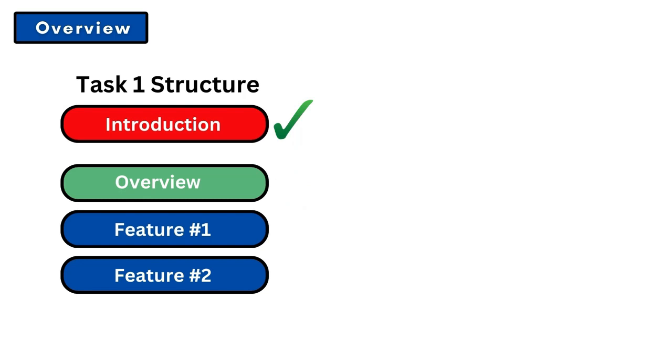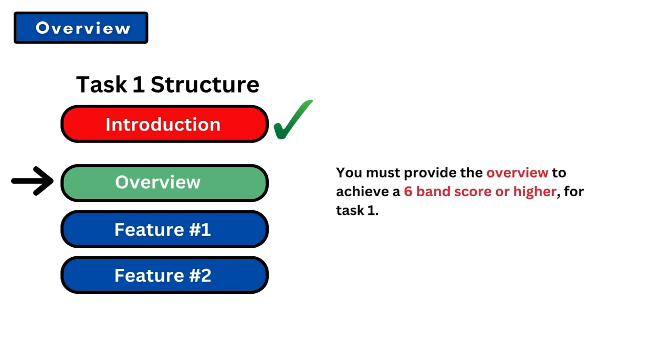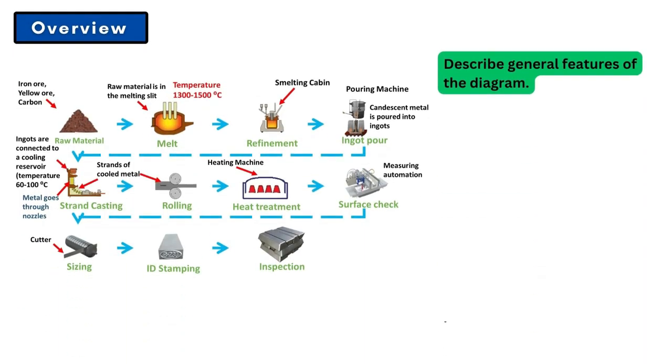So introduction is done. Now we need to go ahead with the overview paragraph. In the overview paragraph, you must provide the overview to achieve a 6-band score or higher for task 1. So it's a must. In the overview paragraph, simply you describe general features of the diagram.